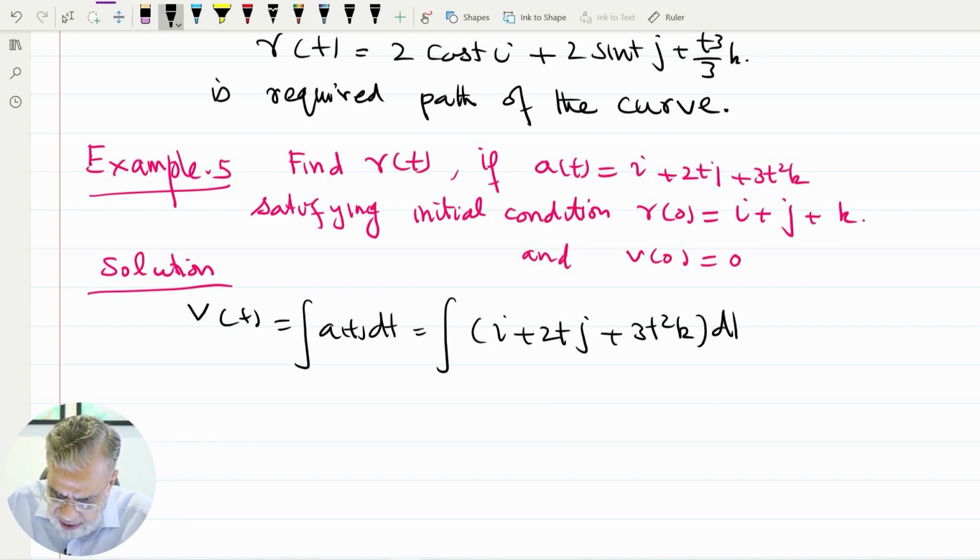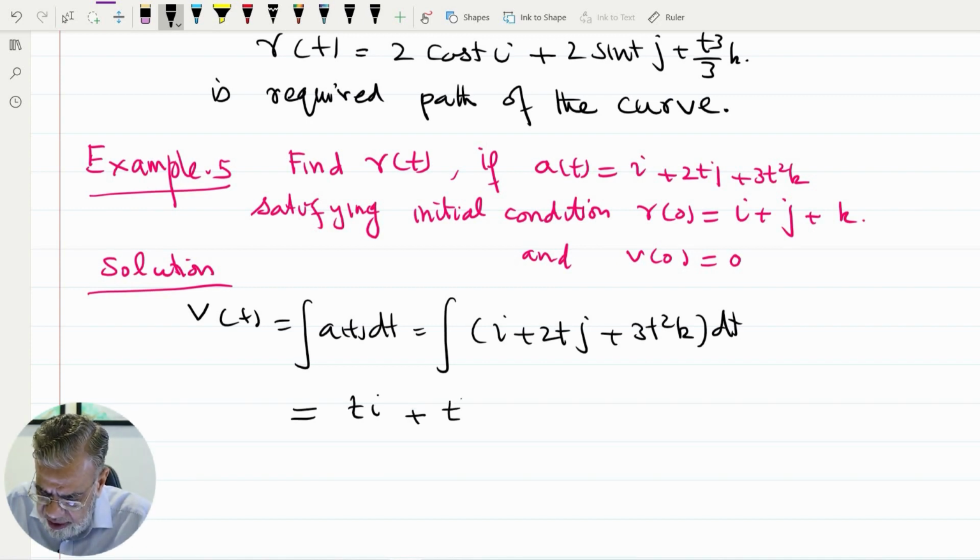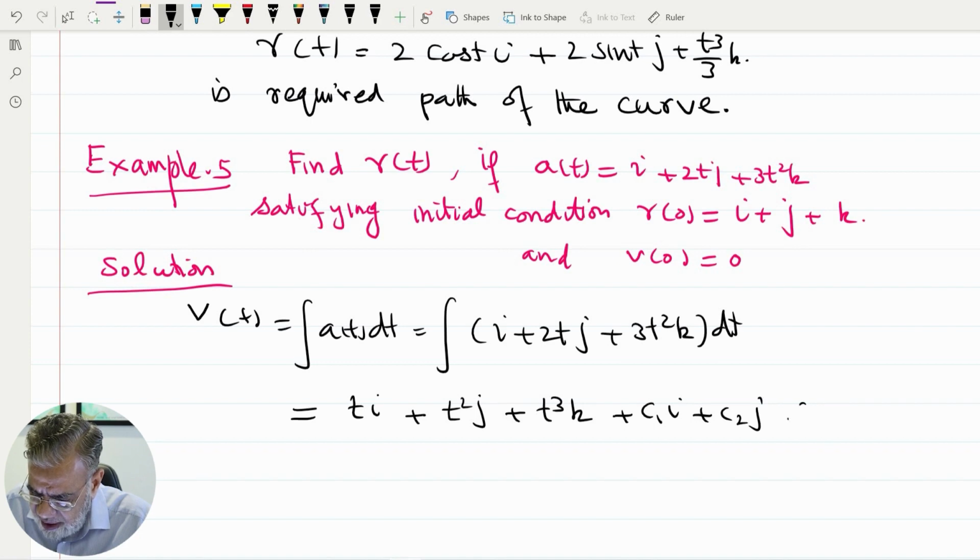So I integrate this and write the constant separately. We get t i, because the coefficient of t is 1. We get 2t square over 2, the 2 cancels, so t square j. 3t cube by 3, the 3 cancels, so t cube k. So we get c1 i, the constant in the direction of the x-axis, c2 j and c3 k.